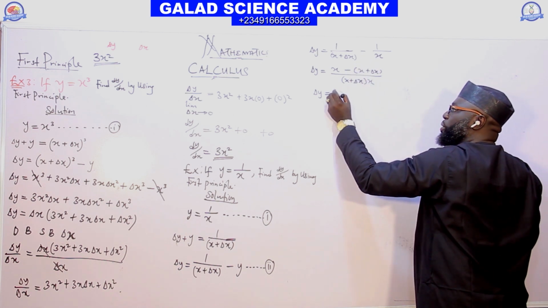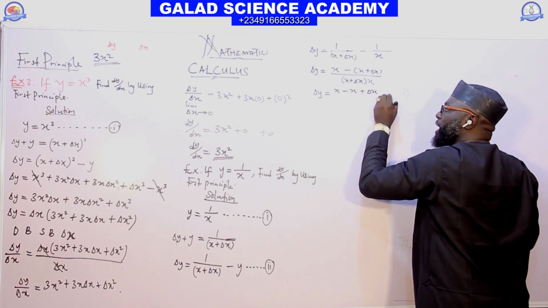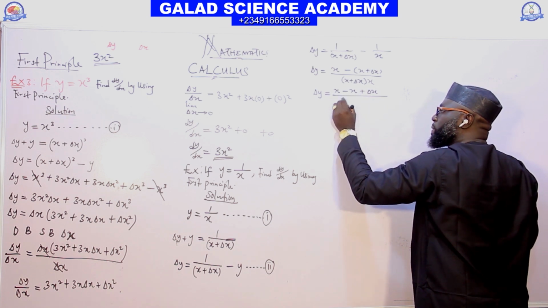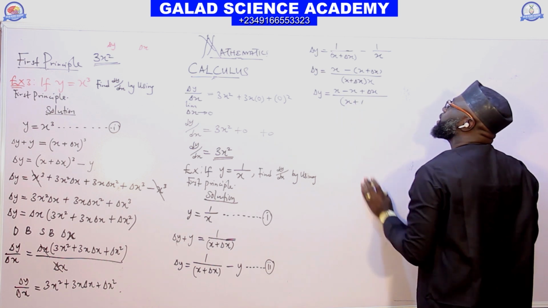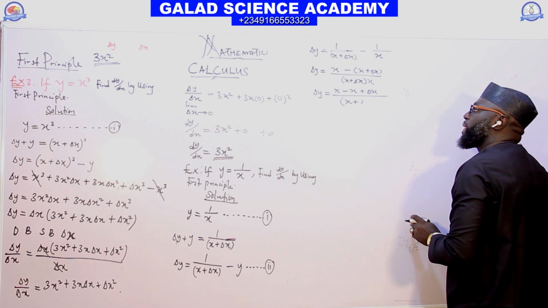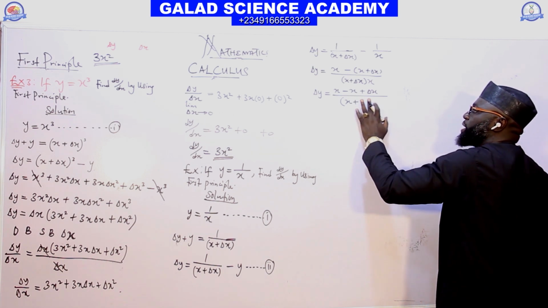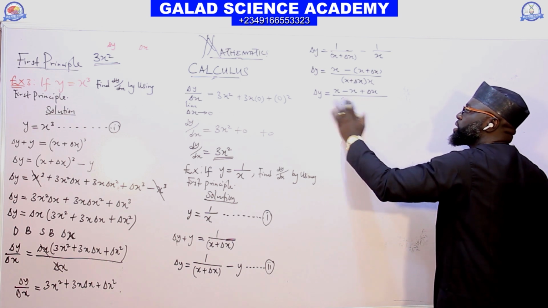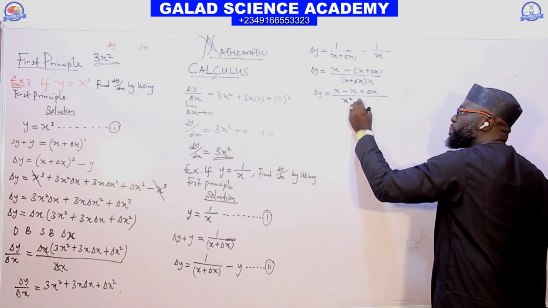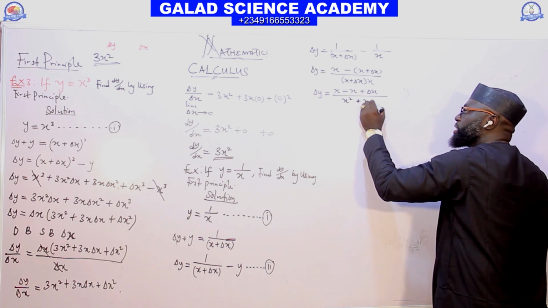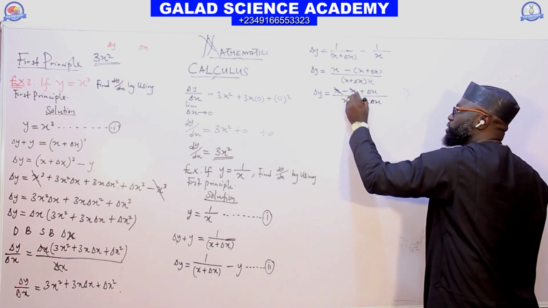Open this bracket here, we have x minus x plus change in x, everything over x plus change in x into x. We can expand this to x squared plus x change in x, so this will cancel this.